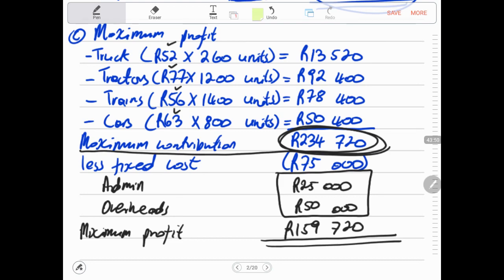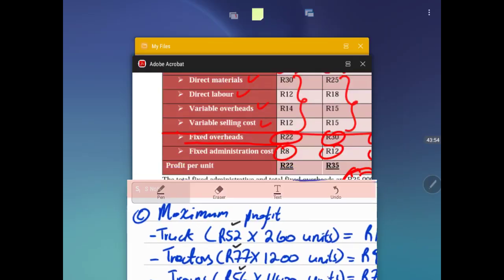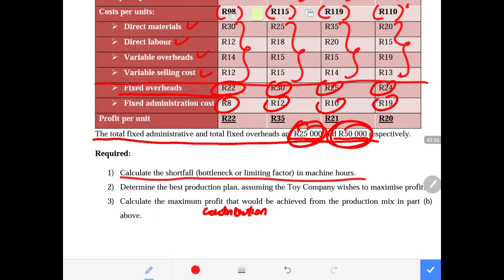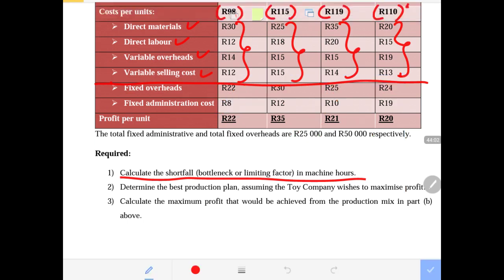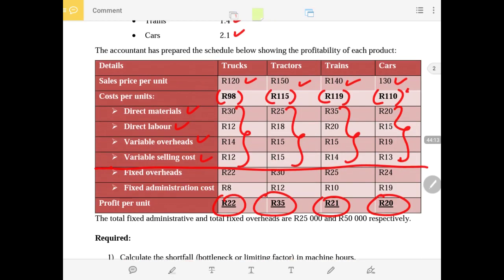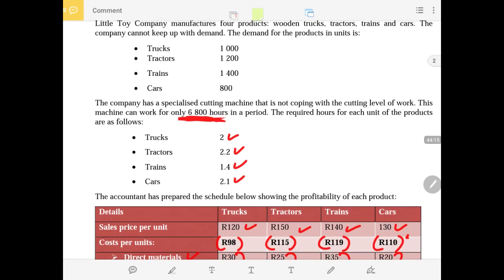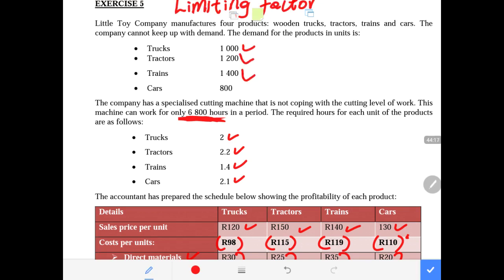And just another shortcut that I just want to check if it is working. If it doesn't work, then there's no problem. We already do have our profit per unit, and our profit per unit was given to be these figures, and these figures were under the assumption that the company will manufacture the given units, which is the units that they anticipated to manufacture.